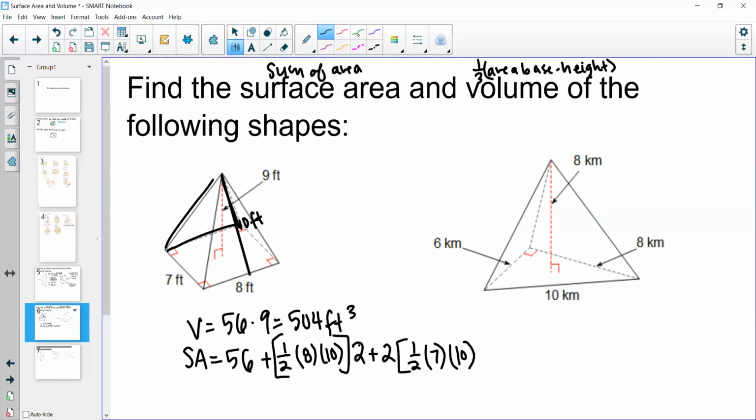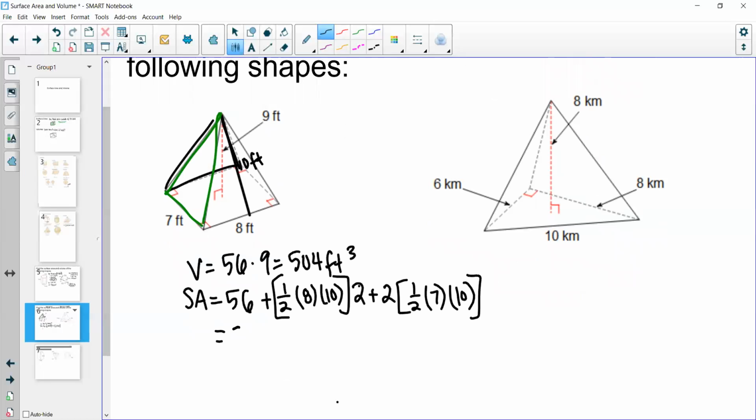And these are the ones on the side here that we're finding. Okay, so we've got both of those, and once we have all that then we can calculate this all out. So we end up with 56 plus 2 times 1/2. Well, that 2 and that 1/2 cancel, so plus 80 plus 70, and 56 plus 80 plus 70 will give us 206 feet squared. Okay, so that would be the surface area for that one.